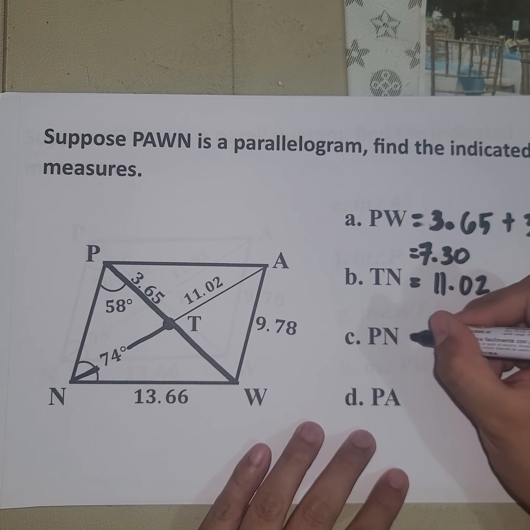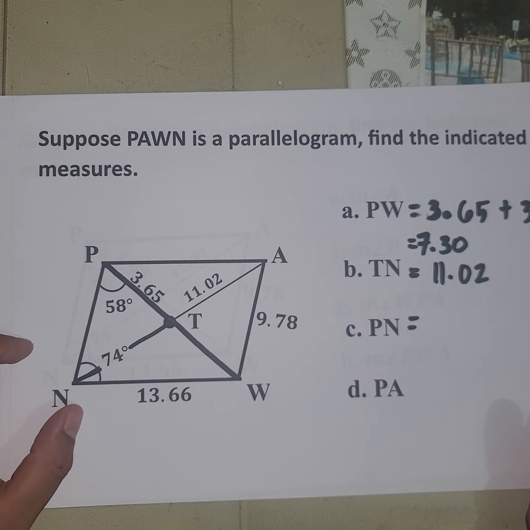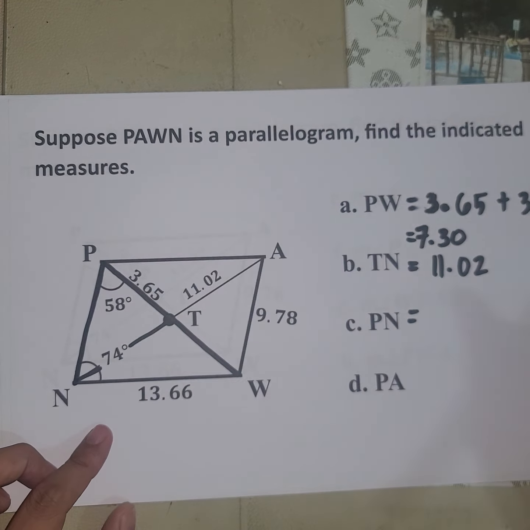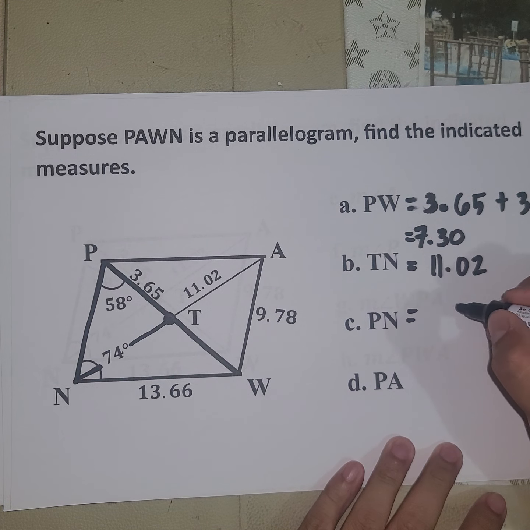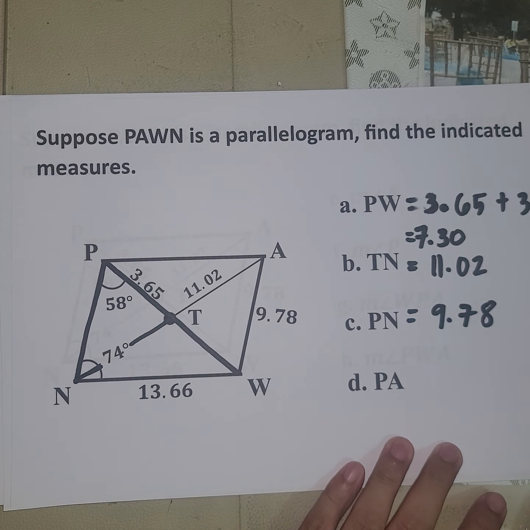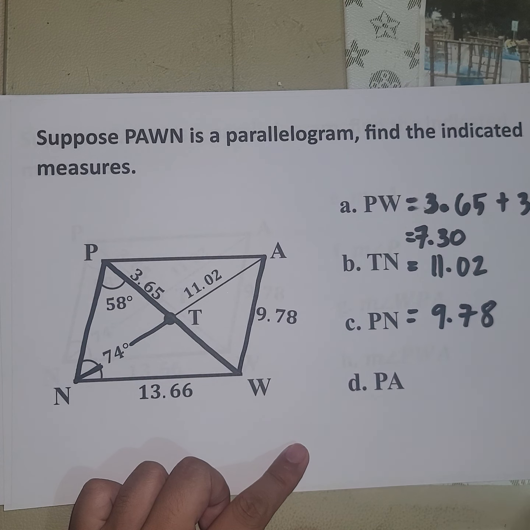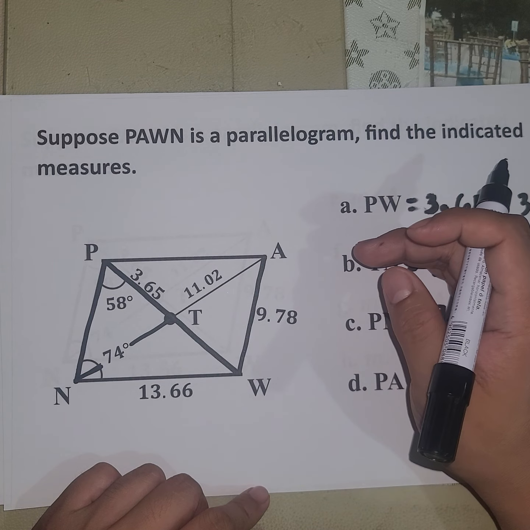So let us have PN. What is the measurement of PN? And that is 9.78. So, bakit siya 9.78? Because AW, in a parallelogram, opposite sides are congruent.